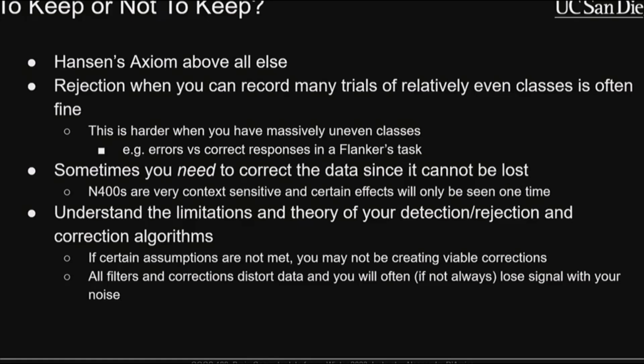So in those cases, you either lose that and you lose the signal, which is very hard to get, or you have to apply some sort of artifact correction to try to maintain that signal. So sometimes you just have to correct. There's nothing you can do about it.